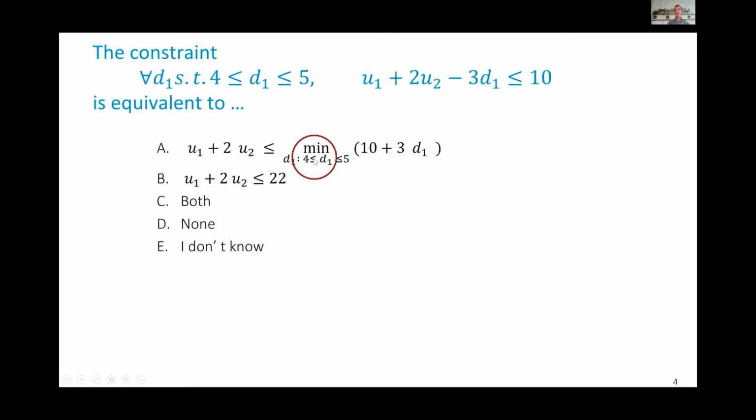When D1 is between 4 and 5, this is an increasing function of D1, so the minimum is when D1 is as small as possible, which is 4. 3 times 4 gives 12, plus 10 gives 22, so B is simply the solution of 1. So that's the first take-home message. Constraints of these types are solved by solving an auxiliary optimization problem, one per constraint, which is what we did here.